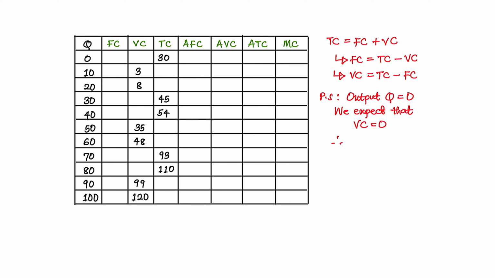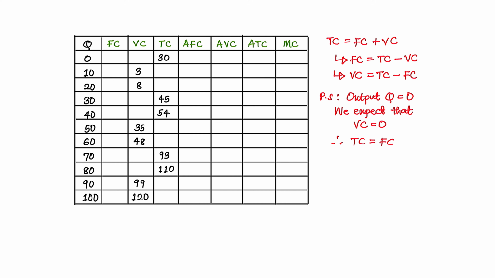So therefore, total cost will be exactly equal to the value of the fixed cost alone. So when output of a firm is equal to 0, the total cost is equal to the fixed cost, assuming that the variable cost is 0.